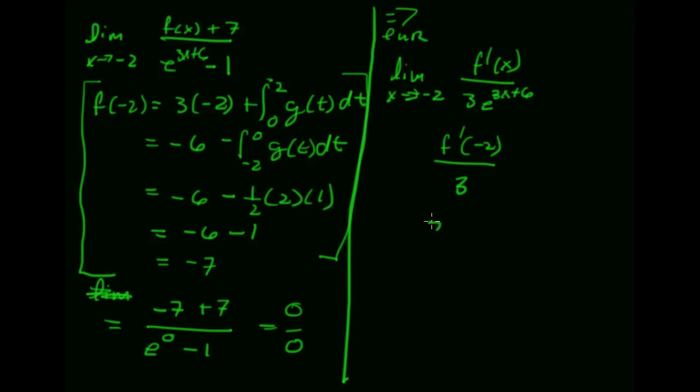So this is 3 plus g of -2 over 3, which is 3 plus 1 over 3, which is 4/3. And that's the whole problem. All right, so that's just a straight up L'Hopital's rule problem. Let's move on to number 3.